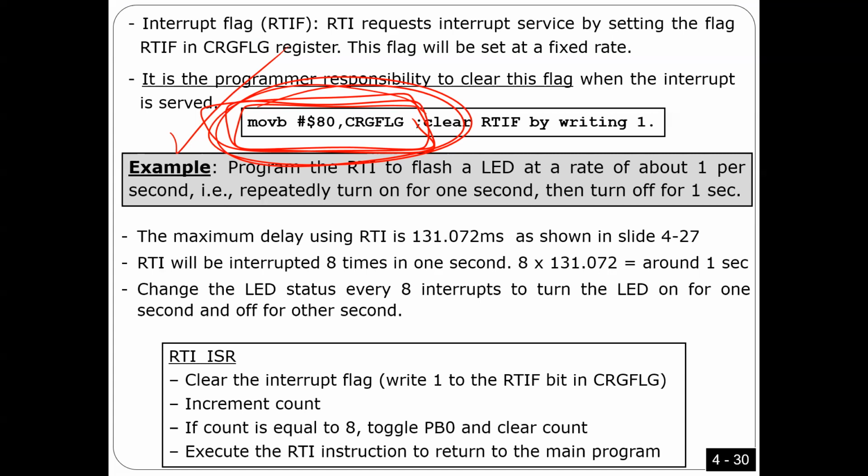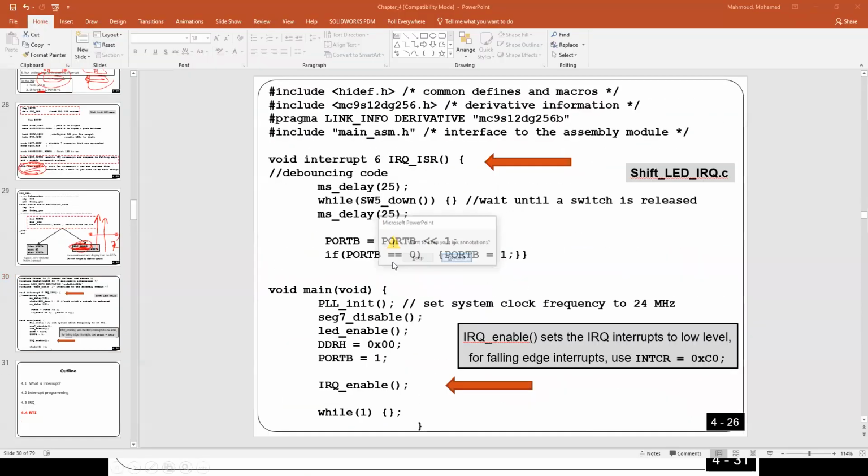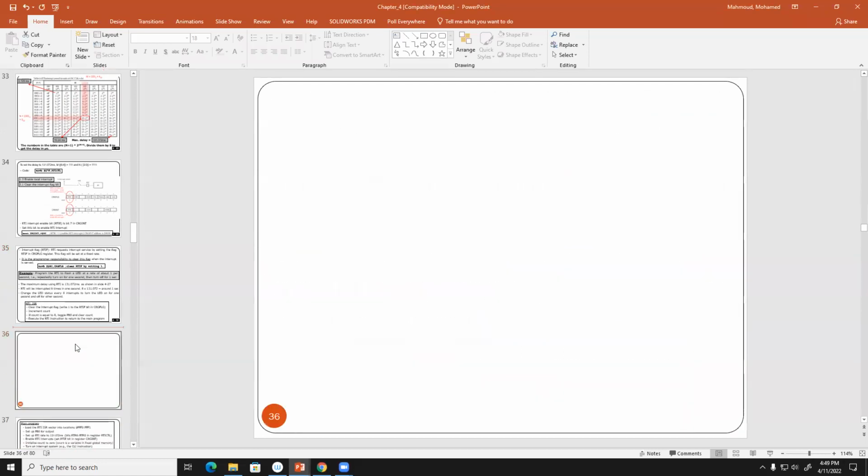So what I'm going to do right now, guys, similar to the program I did in chapter 3, is a flashing LED, but using RTI. So RTI is going to do the flashing. Is that okay? How can you do that? That's very simple.